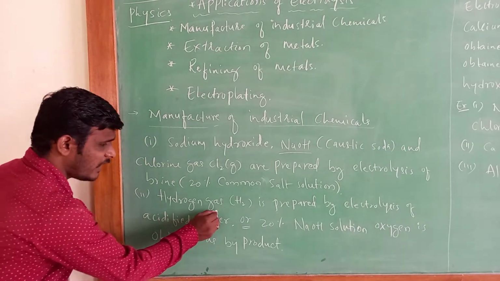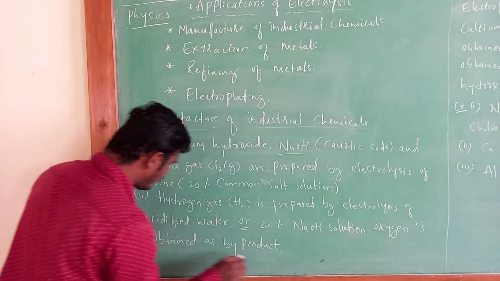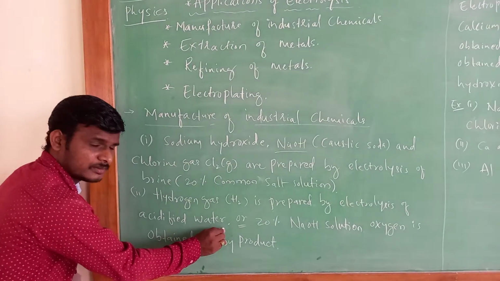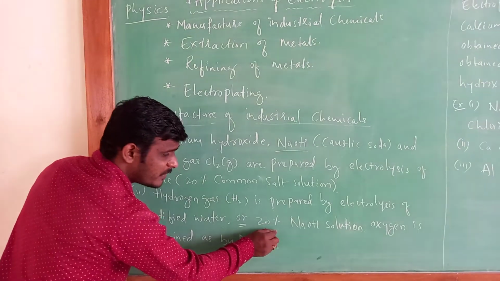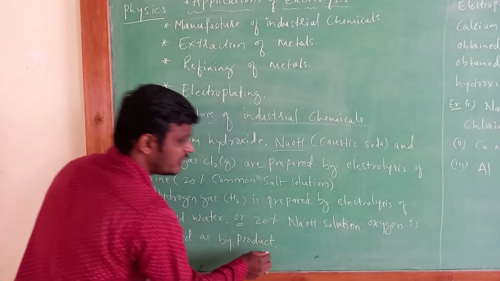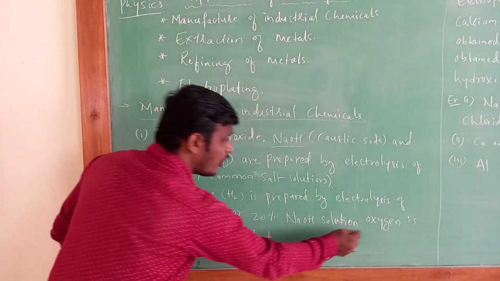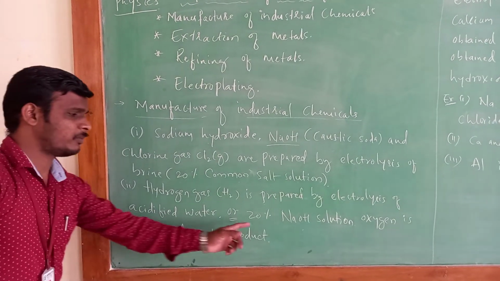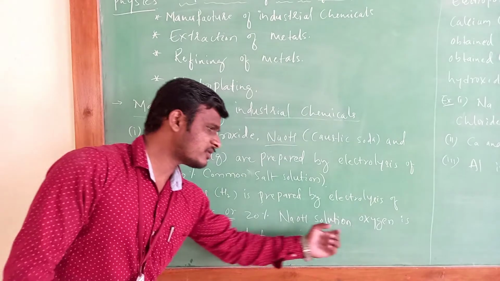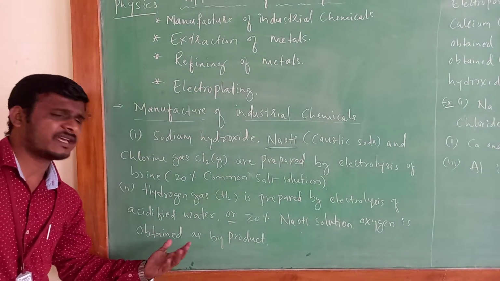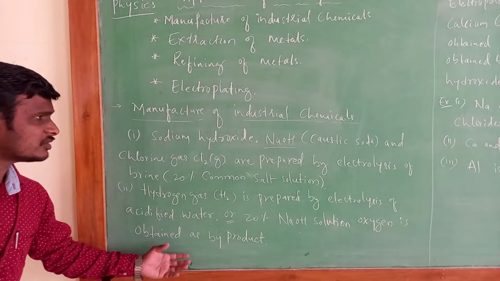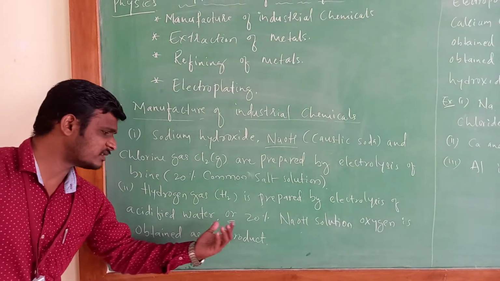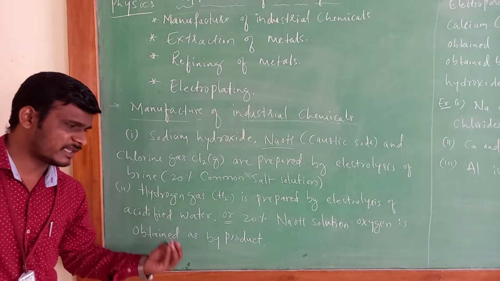So here, same thing: hydrogen gas is prepared by the electrolysis of acidified water, or else 20% NaOH solution, that is sodium hydroxide solution. Oxygen is obtained as a byproduct. So from this also we get oxygen as well as hydrogen gas.